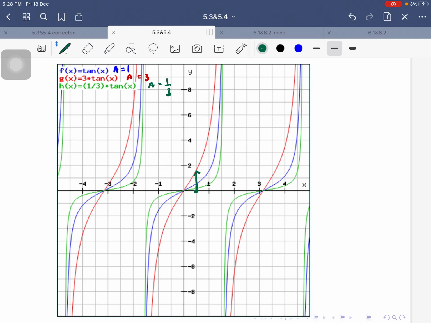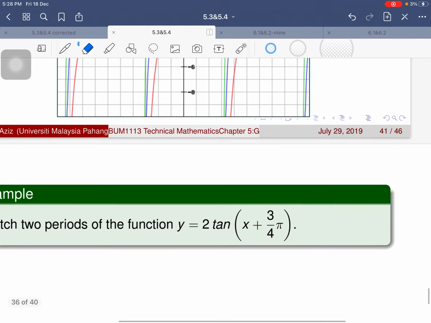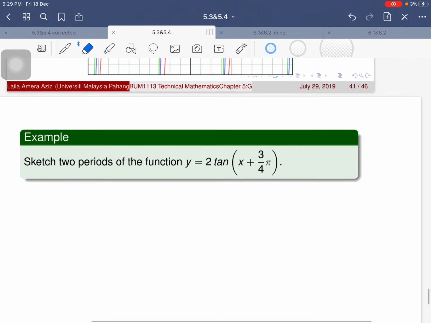That is the difference when you have different values of A. It tells you how much the value increments compared to the lower value, meaning the bigger the value of A, the faster the graph is going to increase. The red one increased very rapidly compared to the other two.